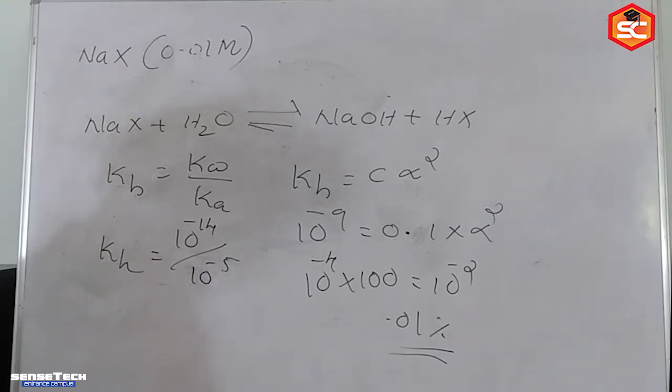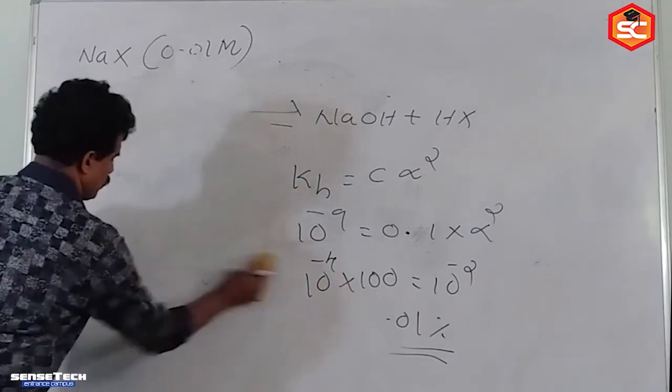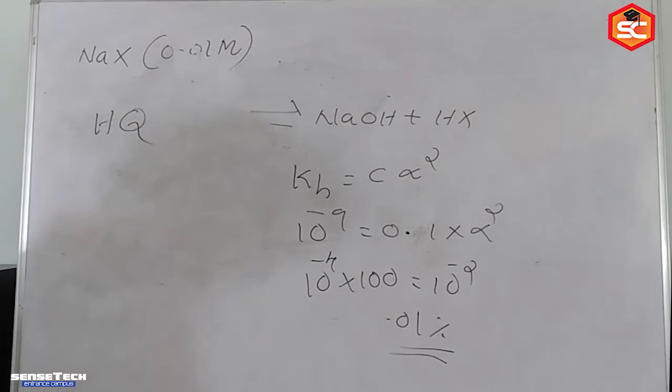Okay, the next question. The pH of a 0.1 molar solution of the acid HQ is 3.